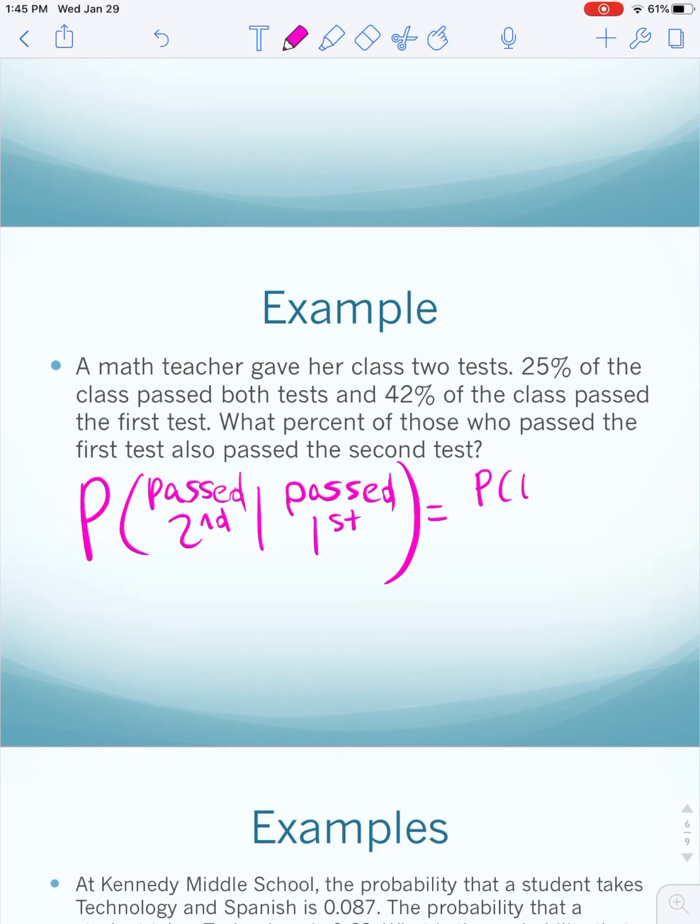Well, we're going to do the probability of both. So probability of passing both tests over the probability of the given, meaning pass the first. And that information's given here in the question. They say 25% of the class passed both tests. So that's my both right there, 25%.